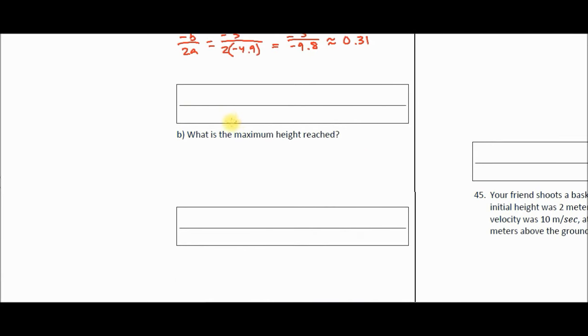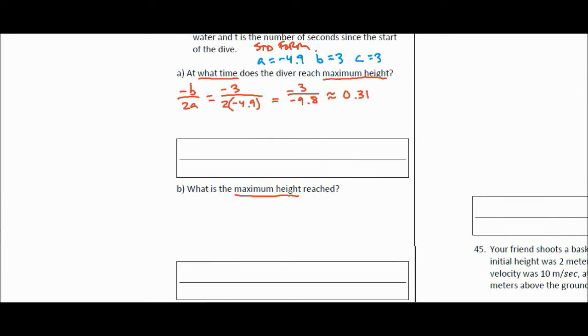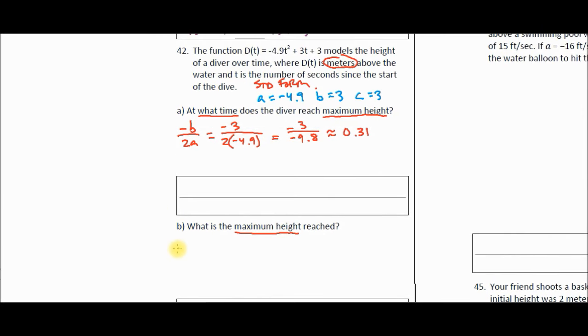And then what is the maximum height reached? Again, we're looking for maximum height now, so now we can look for the y value of the vertex. Let's take our equation and plug in our time at maximum height. So d of 0.31 is equal to negative 4.9 times 0.31 squared plus 3 times 0.31 plus 3.